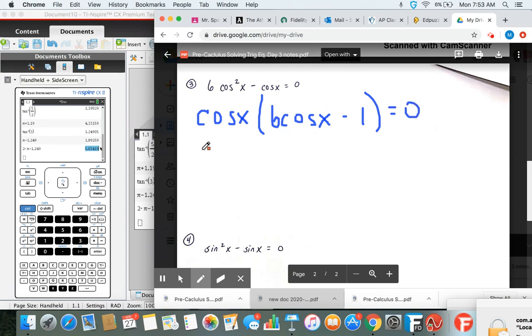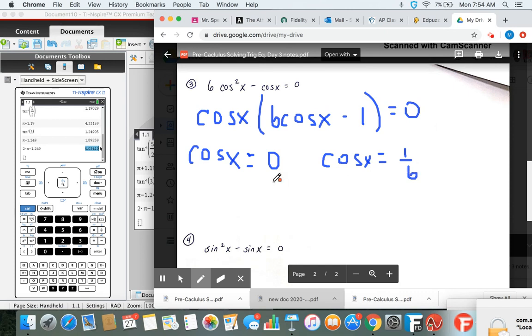Take your factors, set them equal to 0. The cosine that we factored out gets us cosine x equals 0. And this parenthesis here, if I add 1 and divide by 6, would get us cosine x equals 1/6.